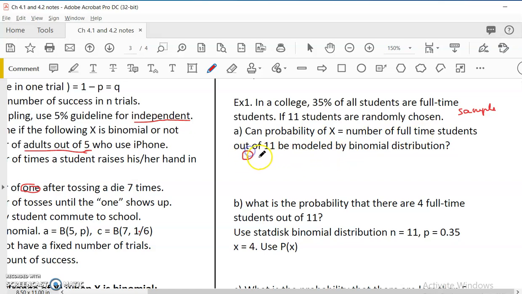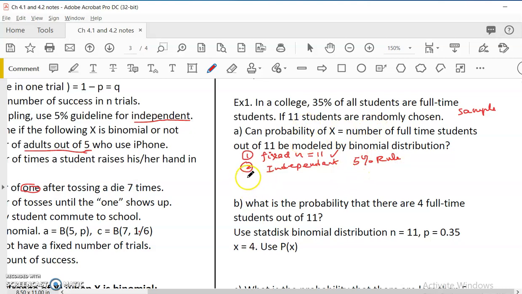Let's check. First, do I have a fixed number of trials, a fixed n? Yes, equal to 11. Second, are they independent? When I select students, does one being full time affect the next one being full time? No, they're all independent selections. And I can assume it because 11 students is less than 5% of the whole population.